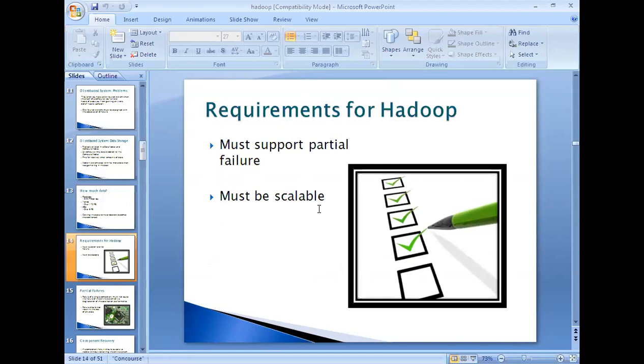Scalable in the sense that if you add a number of systems to your cluster, the performance should stay the same. It won't be affected even if you add many systems. In a similar way, if you add a number of tasks, the same cluster should produce the same performance. Even though the network has grown, the performance should not be compromised.